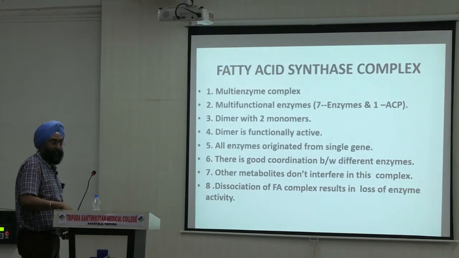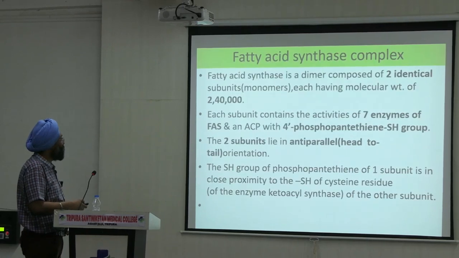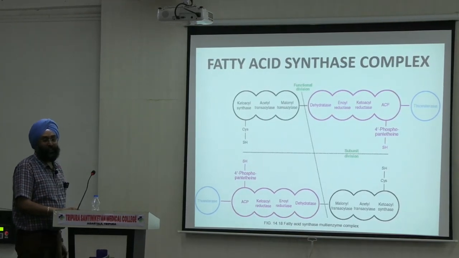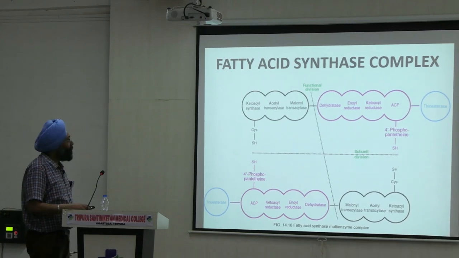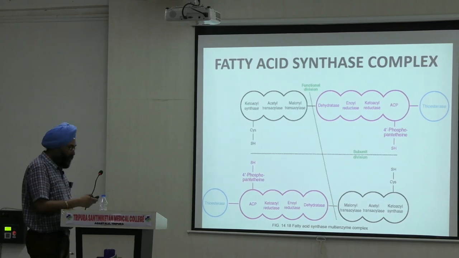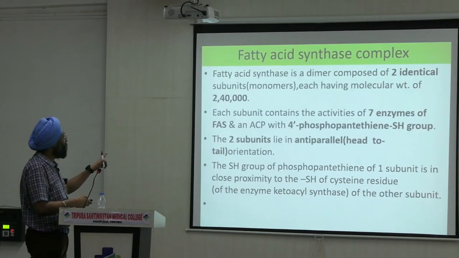Now, just see the diagram first. It is a very difficult diagram, and you will get it for 5 tables, right? So there are 7 enzymes, 1, 2, 3, 4, 5, 6, 7, and 1 is acyl carrier protein, right? Just first do the features.